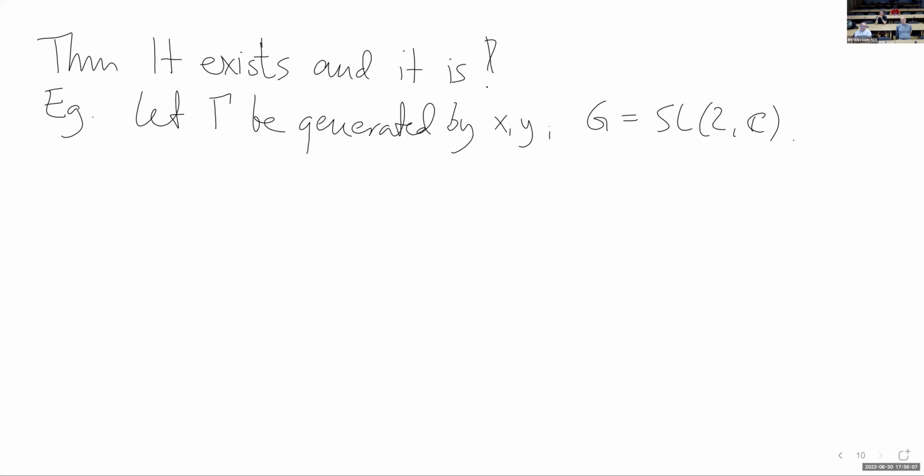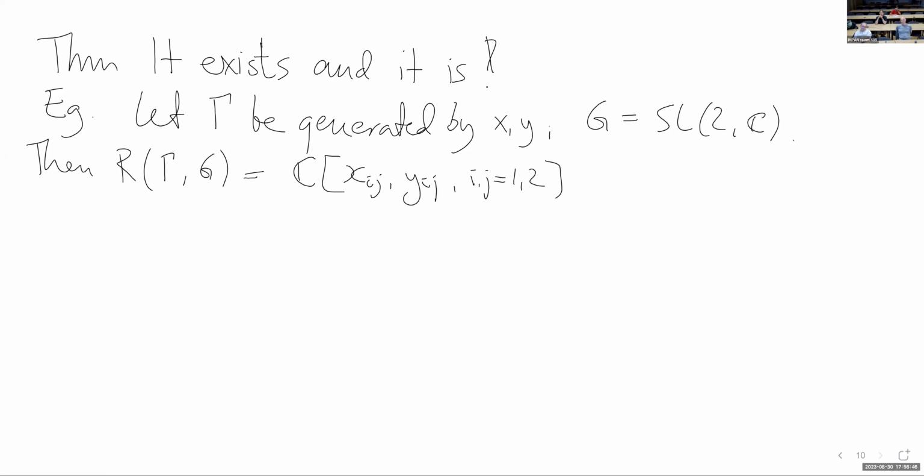Then what is this R of gamma, G? It's going to be a polynomial algebra on 8 variables. I'm distinguishing the simple x and y, which are elements of the group, from the curly x and y, which are variables.